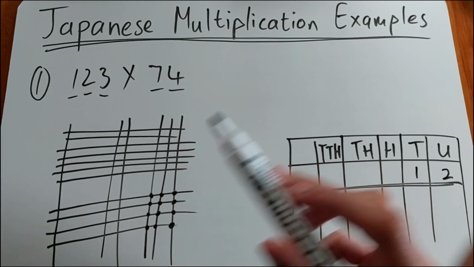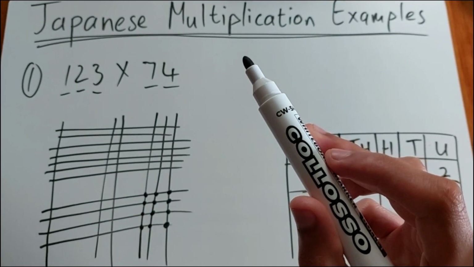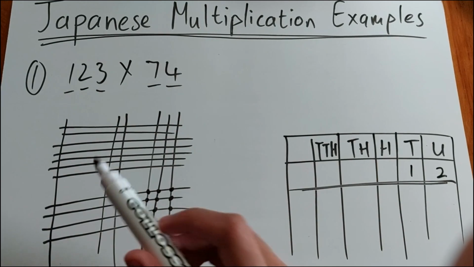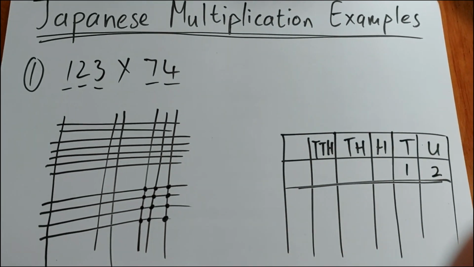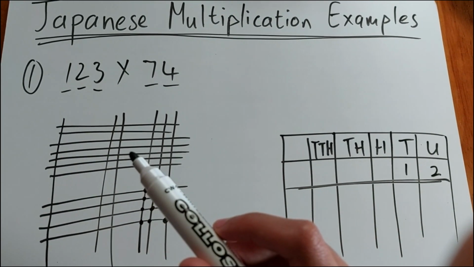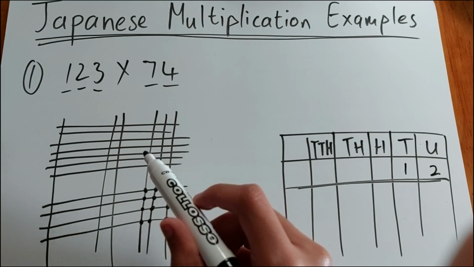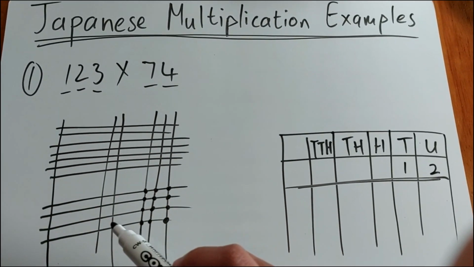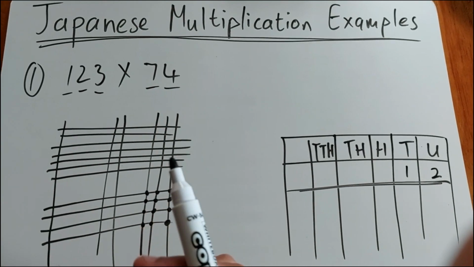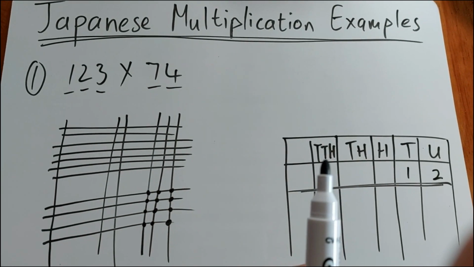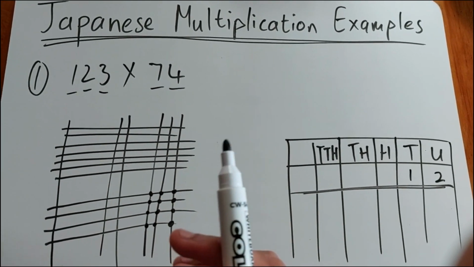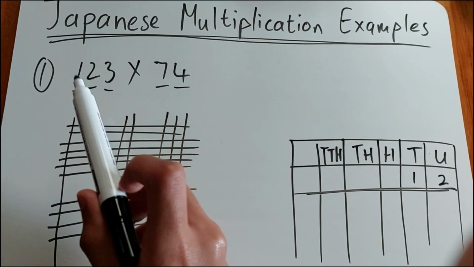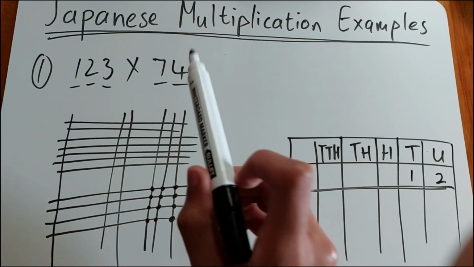The next step is very important because it involves calculating the cross sections of the diagonals. It's very simplified and easy when dealing with 2-digit numbers. But in this example, we have a 3-digit number and a 2-digit number.